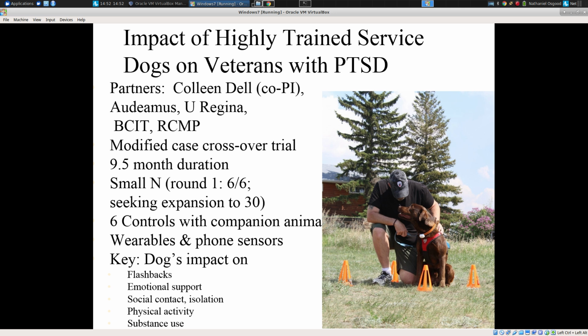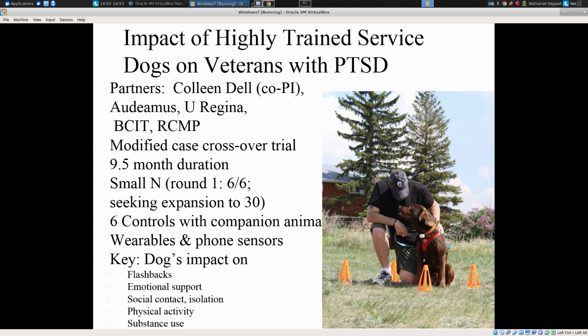We were interested in trying to use technologies in the form of Ethica to understand the ways in which service dogs, the presence of highly trained service dogs trained through this very rigorous training program led by a group called Adiamas, which is run by those, including many individuals with lived experience of PTSD, affect the trajectories of these individuals.